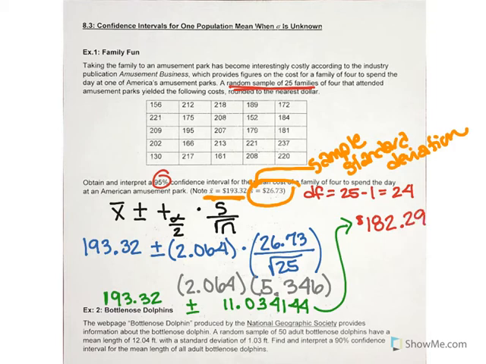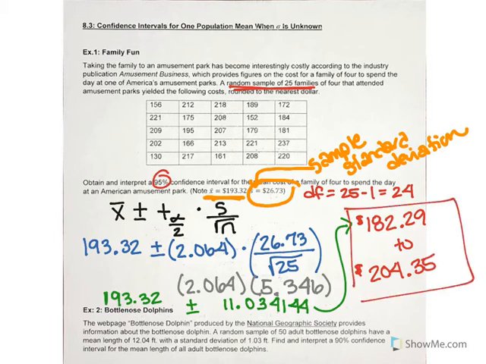There's a 5 behind that 8, so that rounds to 29. And we're going to take 193.32 and we're going to add 11.034144. And that would give us $204.35 as our interval. That's our confidence interval.